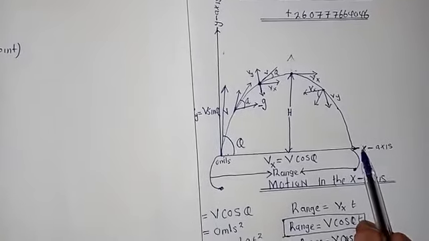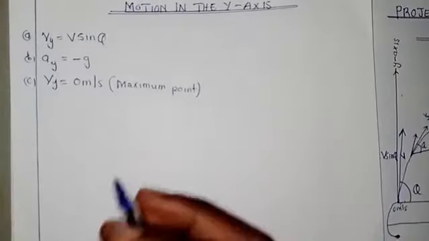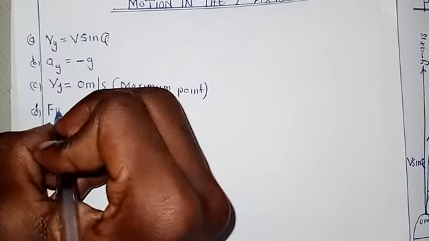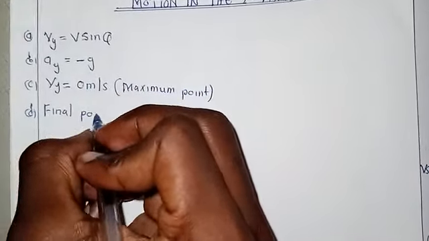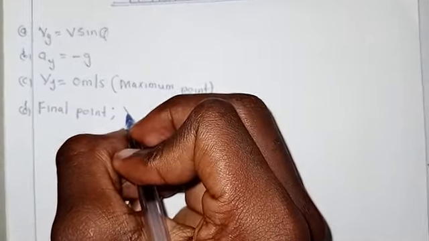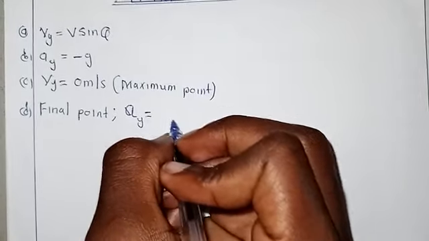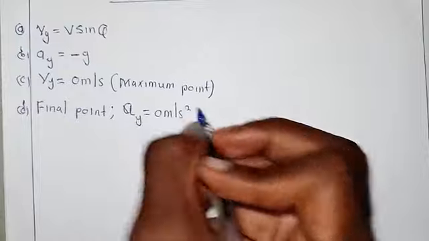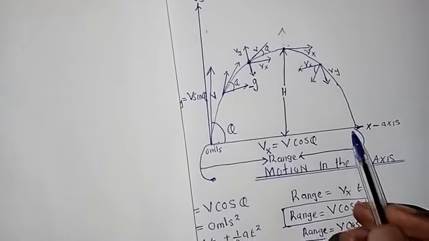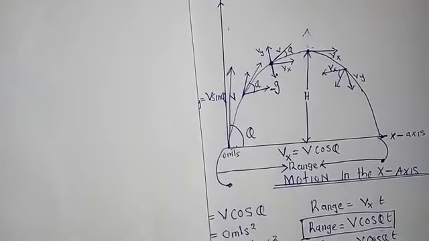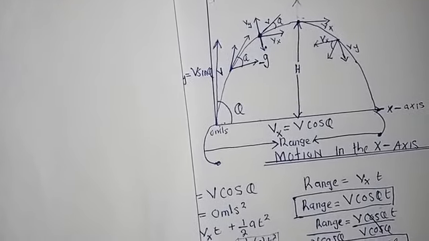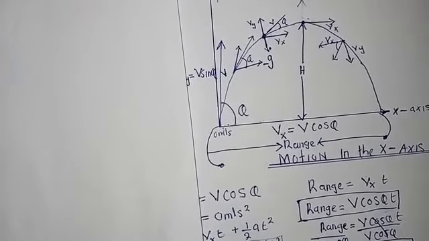At this point, which happens to be the initial point, the acceleration, okay, we can say at final point, acceleration in the y is equal to 0 meters per second squared. Okay, at this point, the acceleration in the y is simply 0 meters per second squared. All right, let's get to do some other things.